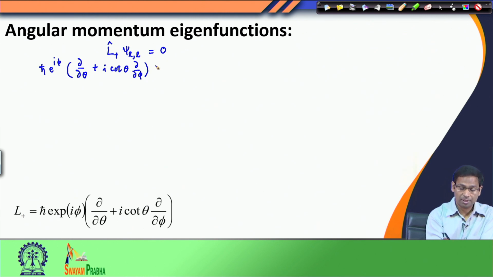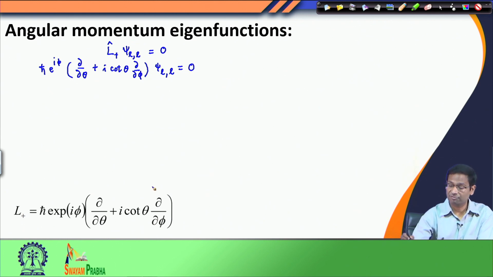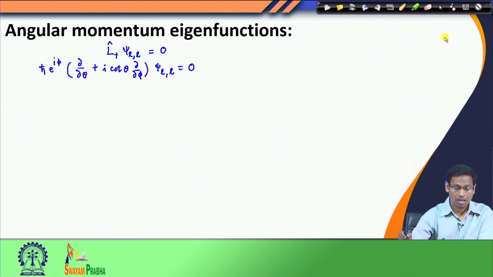This is the L plus operator and I am applying this on psi L L, the uppermost eigenfunction, and I am getting the right hand side as 0.